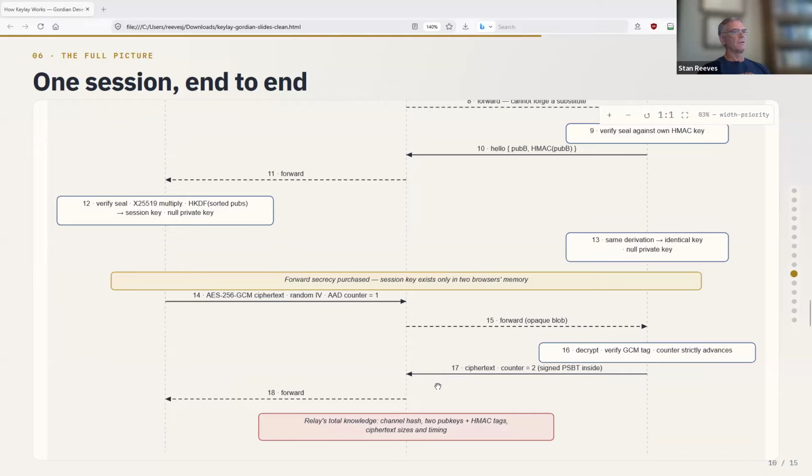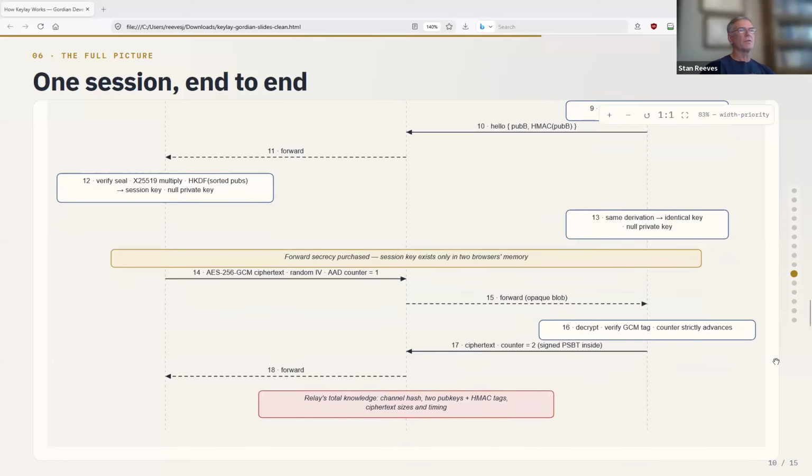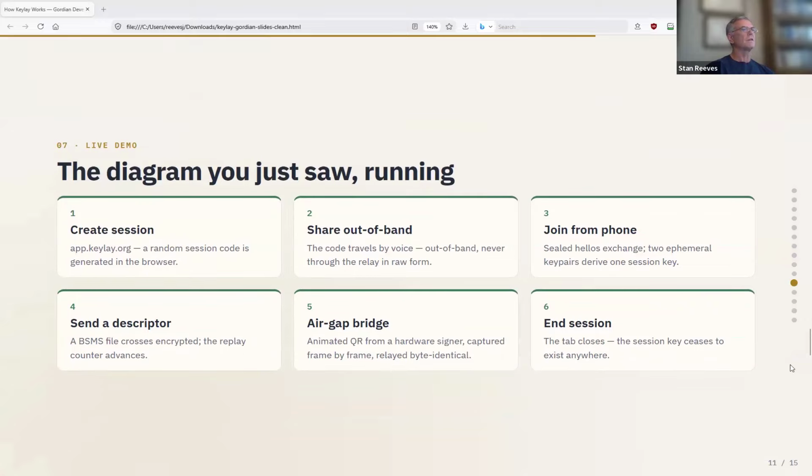The only thing the relay knows is a channel hash, two public keys, HMAC tags, the size of the ciphertext, and the timing of the communication. That's all they know.